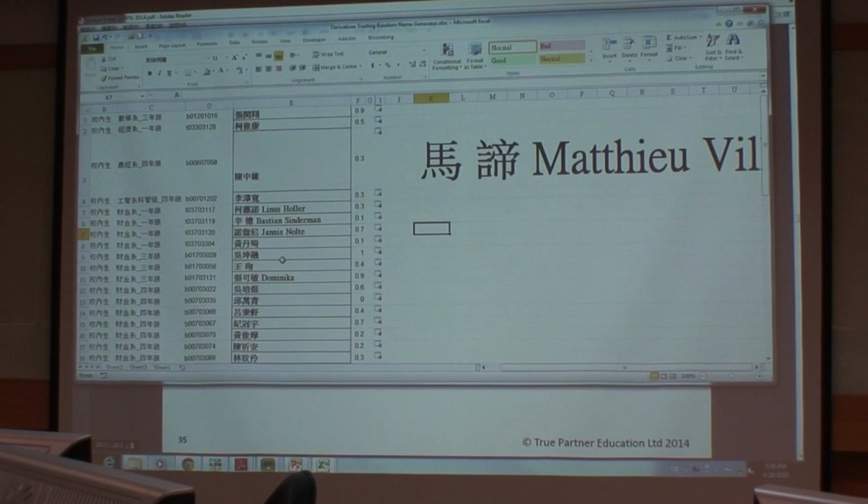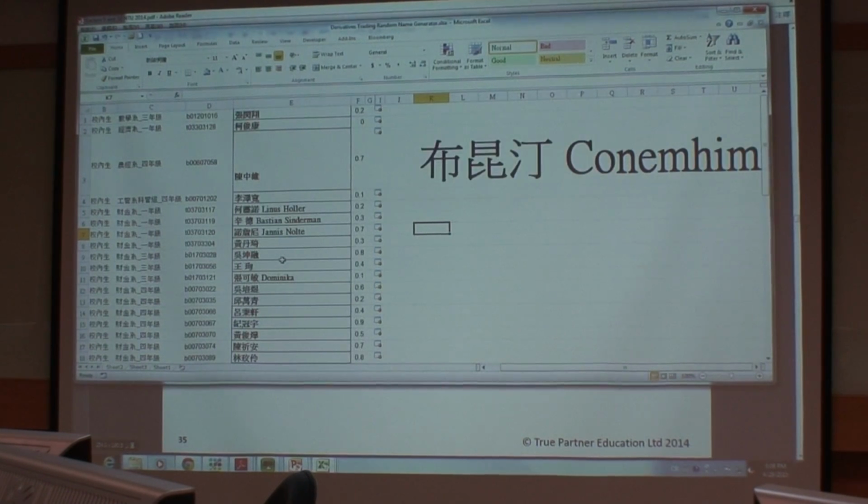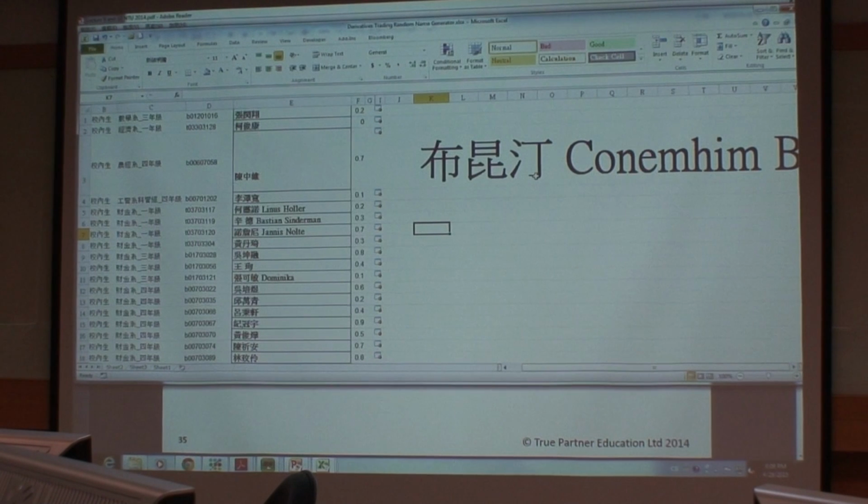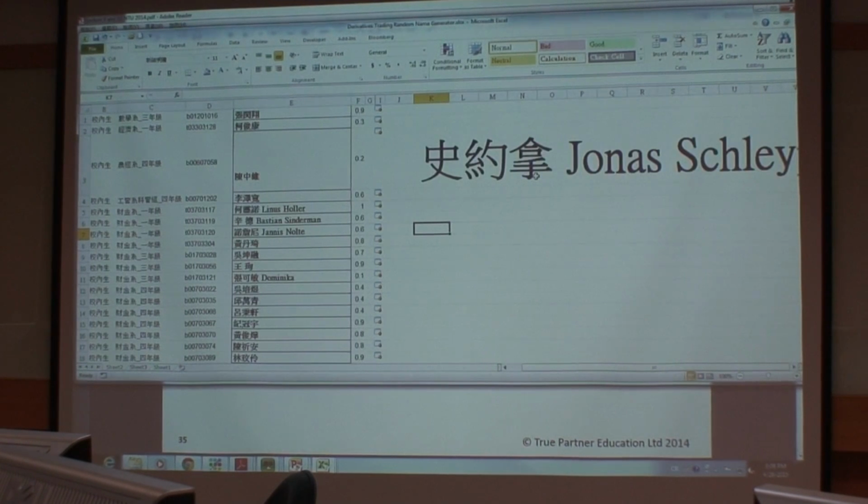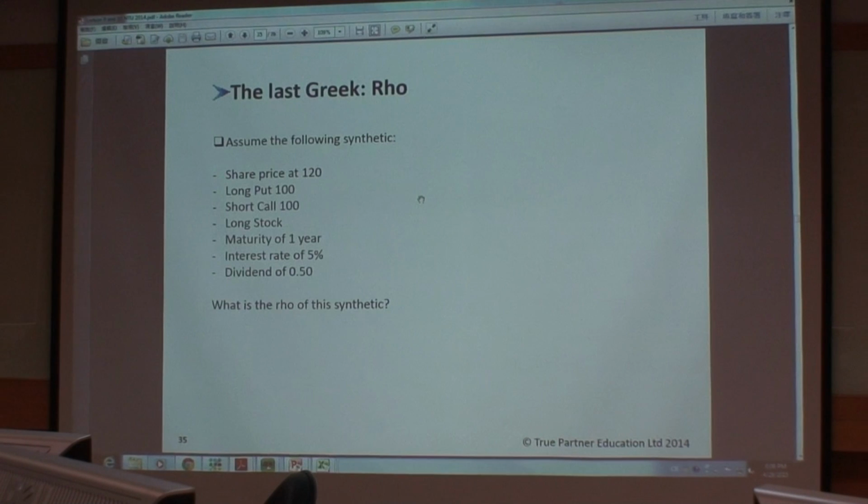Mathieu already had a turn, right? Yeah, this is new. Konemin? Not him? Jonas already had a turn. Never mind. Okay. I still have the idea that when the Chinese characters show up, people just duck.